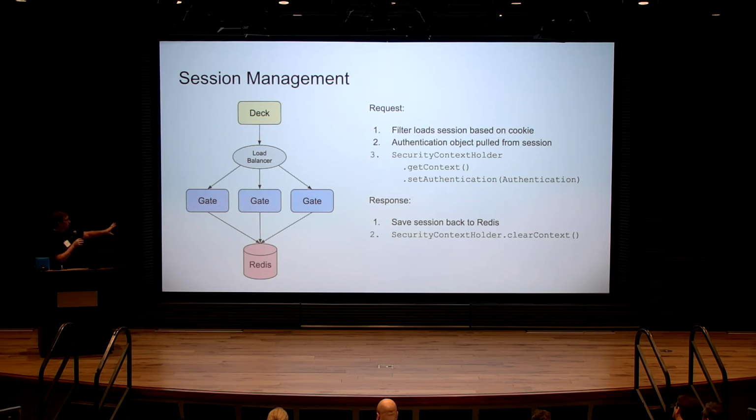This is a very common pattern where some client is talking to a load balancer fronting one of the services that scales out, and each one of those services is maintaining state in a separate Redis instance, so that each can be versioned and rolled out to newer versions, and it can scale out and accept more requests.